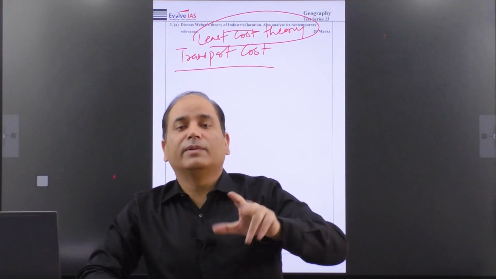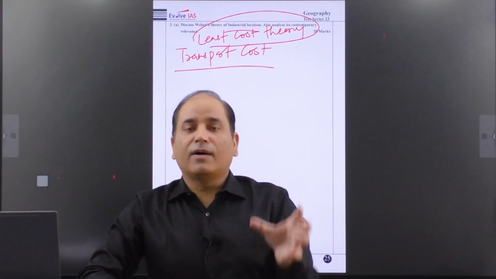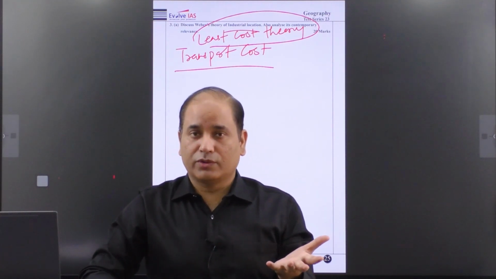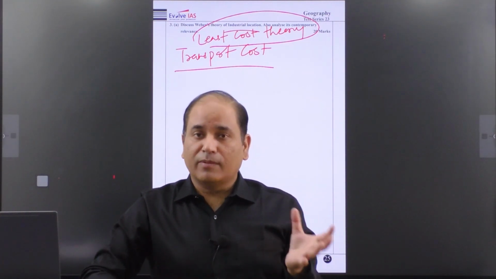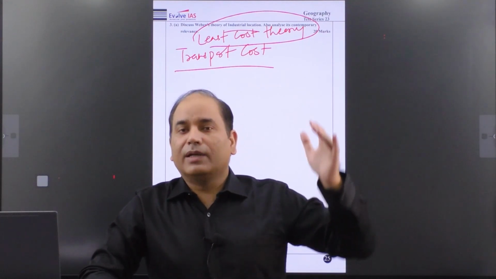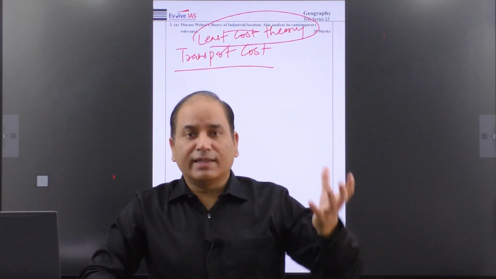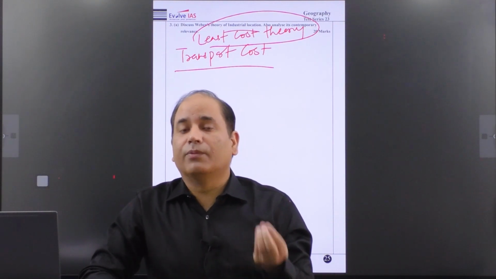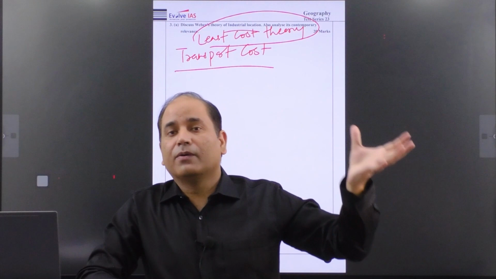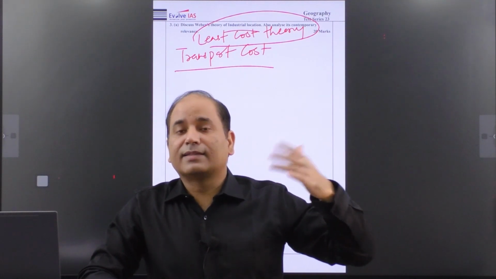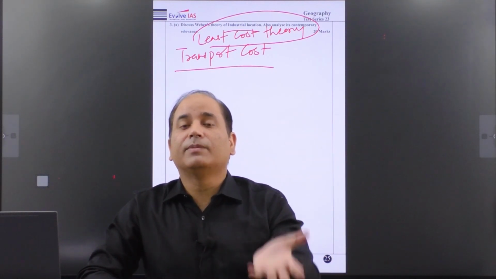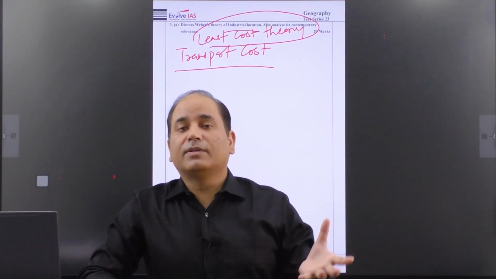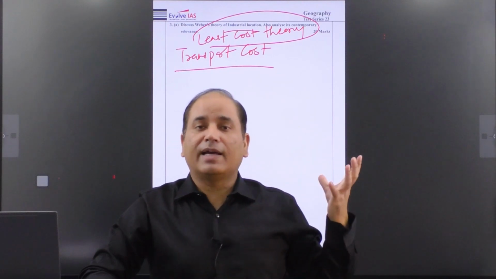Within localized raw materials, they can be weight losing, weight gaining, or footloose. Weight losing raw materials are those whose weight declines when used in industry, so the final product's weight is lesser than that of the raw materials. In some cases, the final product's weight will be higher than the raw material, so that is your weight gaining industry. But some final products' weight will be the same as the weight of the raw material.